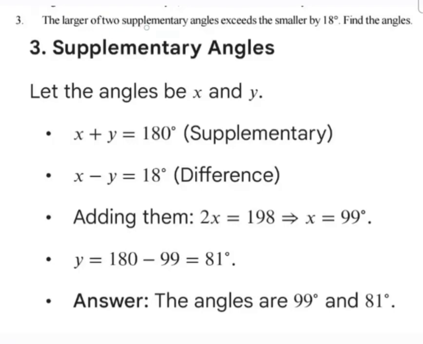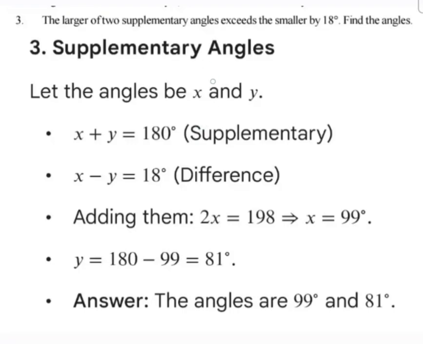The larger of two supplementary angles exceeds the smaller by 18 degrees. Find the angles. Supplementary angles means if you add two angles and get 180 degrees, those are called supplementary angles. x plus y equal to 180.